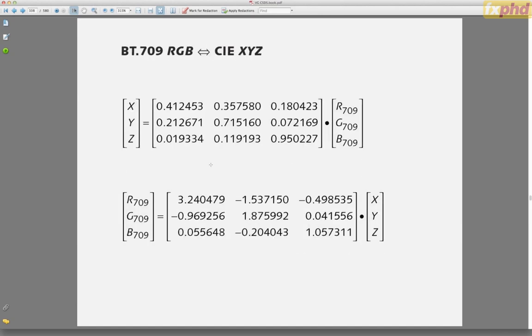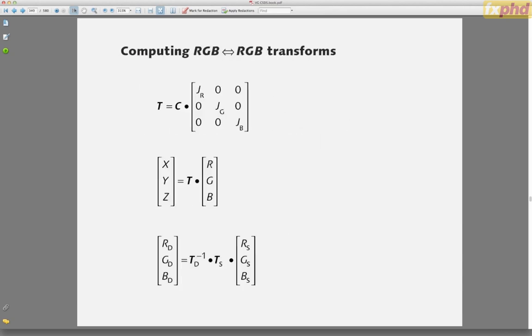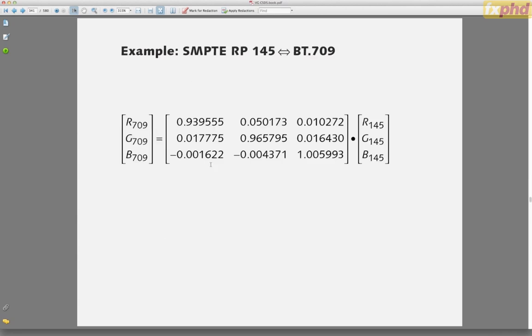Here's the sorts of things we're going to be looking at next class. I'm not going to go over these in huge amounts of detail, but I want you to know by next class how to convert one RGB system into a different RGB system by using a 3x3 matrix transform. That's where we'll head to.